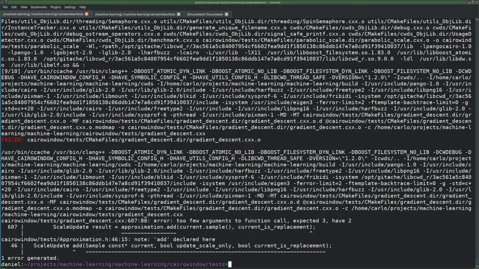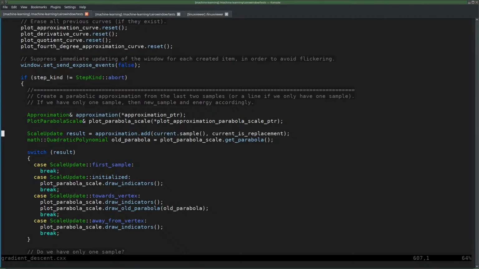Too few arguments. I need to pass my boolean. Yeah. Yep.